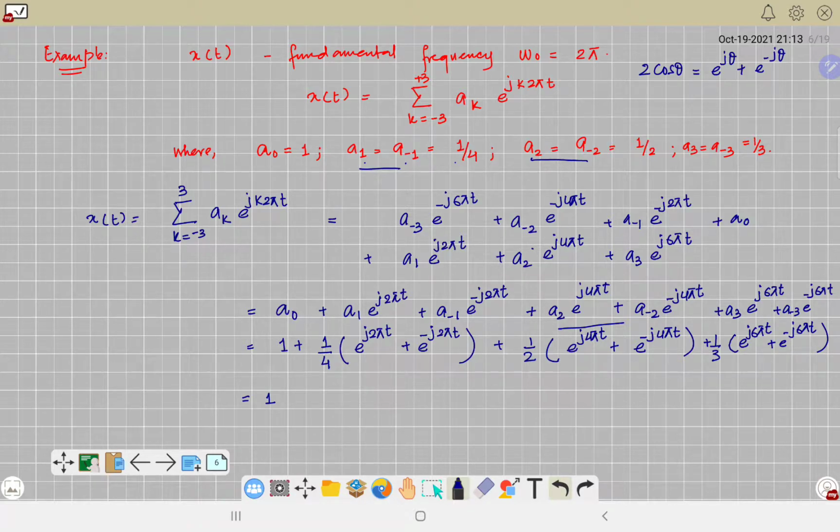So what will this become? 1 plus 1 by 4 twice cos 2 pi t, then plus 1 by 2 twice cos 4 pi t plus 1 by 3 twice cos 6 pi t.